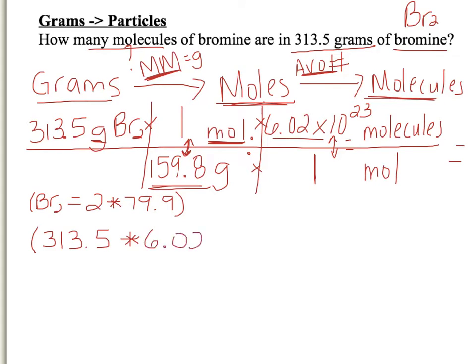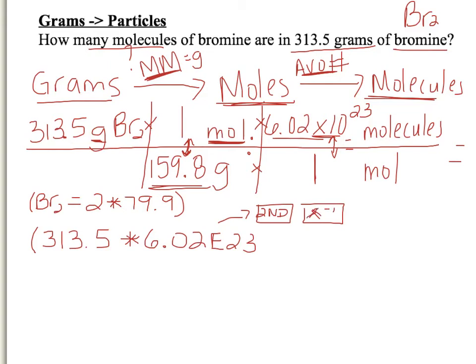So I'm just going to do 313.5 times 6.02 times 10 to the 23rd. So I don't type it in my calculator using the times 10. I use the E. So don't forget, the E, if you want to get that on your calculator, you push second, and then you push the button that is right above the number 7, and it looks like this. Okay, so X to the -1.